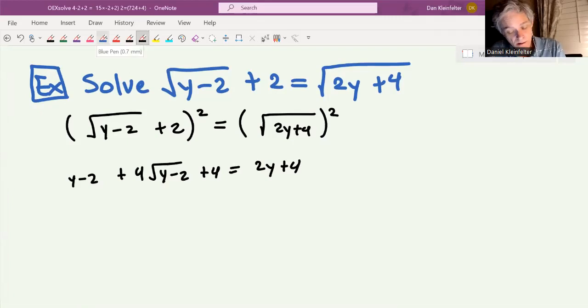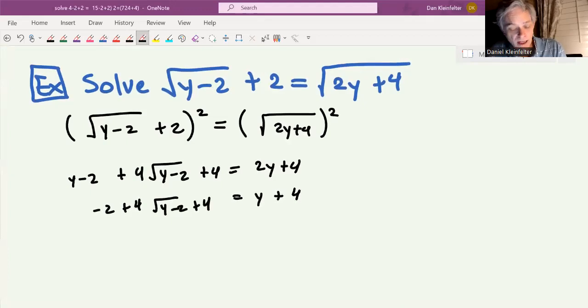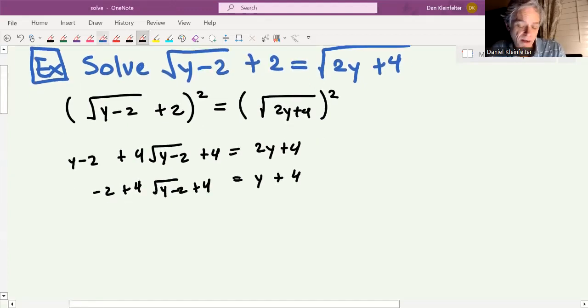So I'm going to subtract the y from both sides, and also, let me do this in 2 steps. So let's subtract the y from both sides first. Okay, we're going to combine the constants that are on the left side.